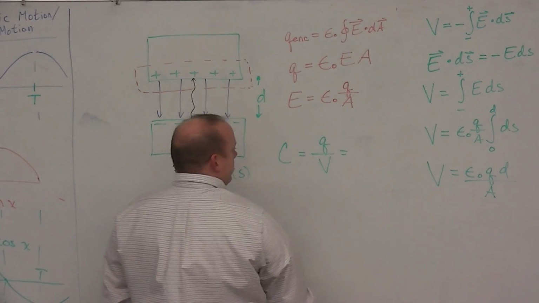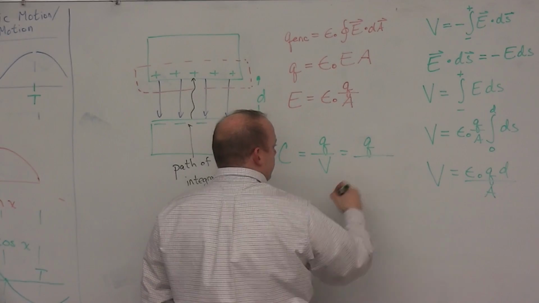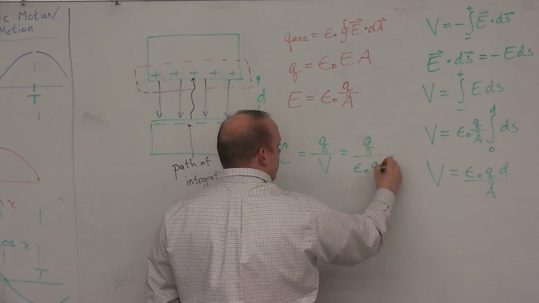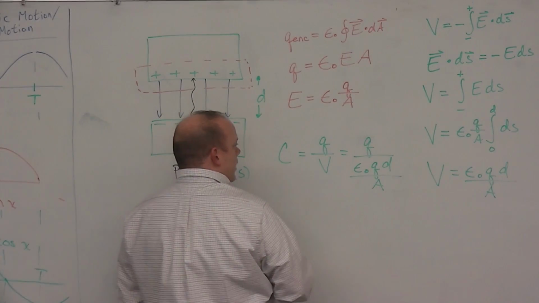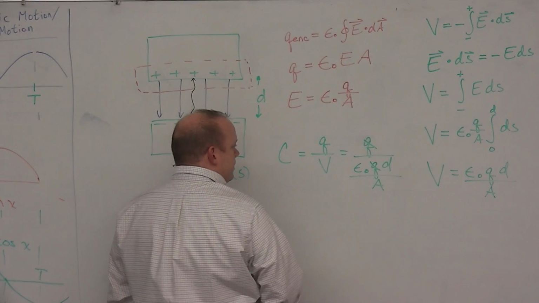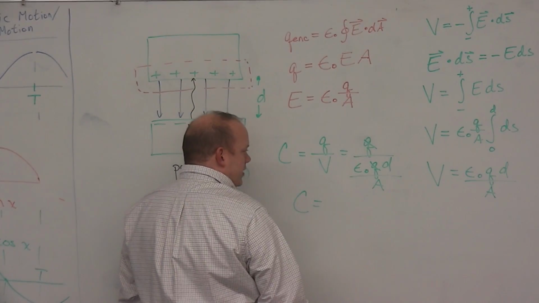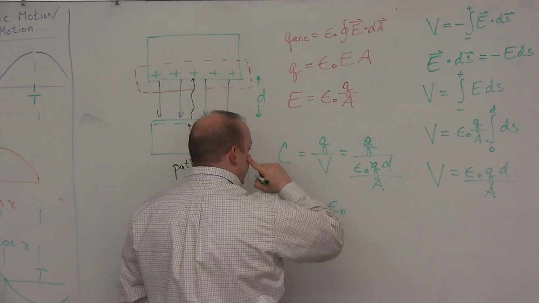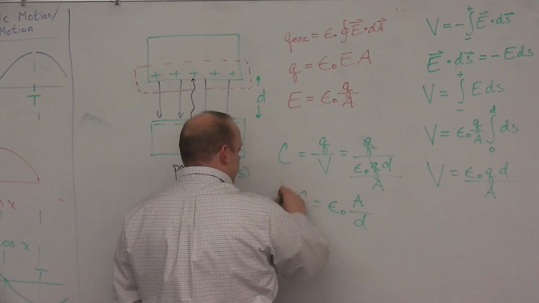Sorry about that. Q over V, which is Q d over epsilon naught A. First of all, the Q's will drop out. And I don't want an improper fraction. So I wind up with, multiplying top and bottom by A, epsilon naught A over d.